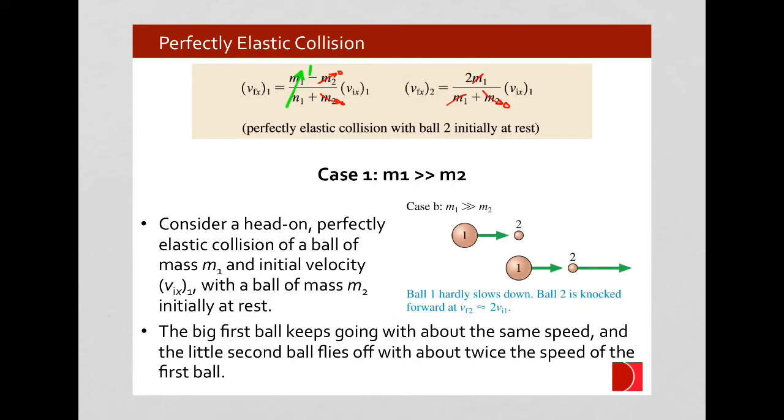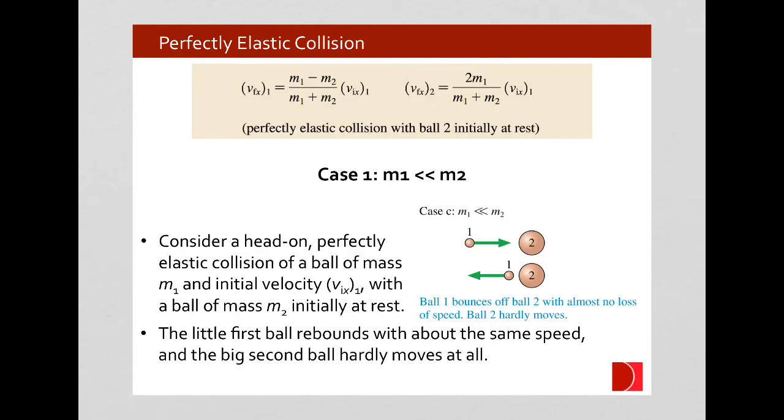The final situation that we're talking about is if the projectile object is much, much smaller than the target. In that case, we assume that the projectile's mass is essentially zero when compared to the mass of the target object. When we throw those terms out, we see we have a negative m2 over an m2.